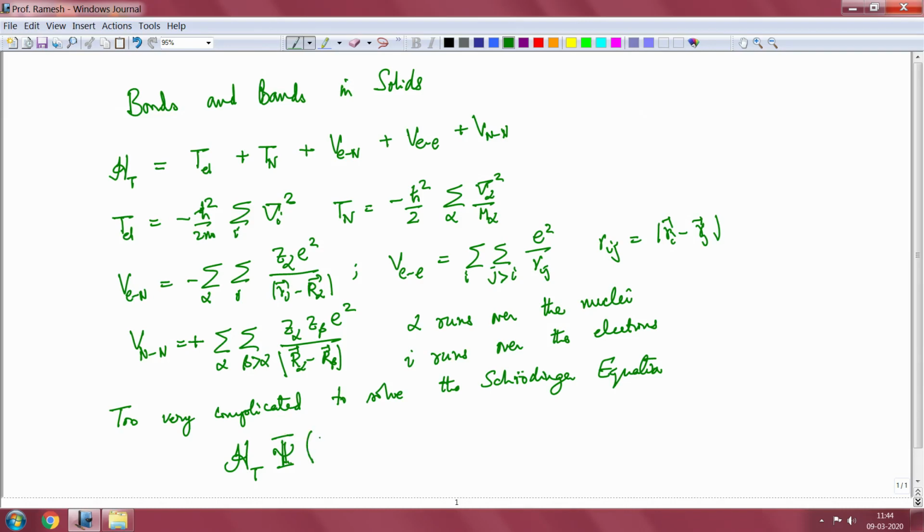And I will use curly brackets to represent the collection of all the electron coordinates. Similarly, the collection of all the nuclear coordinates within the curly brackets of capital R, and this is equal to E psi of r comma R.